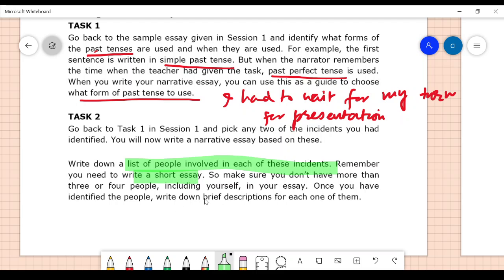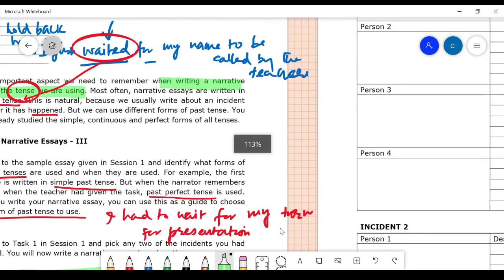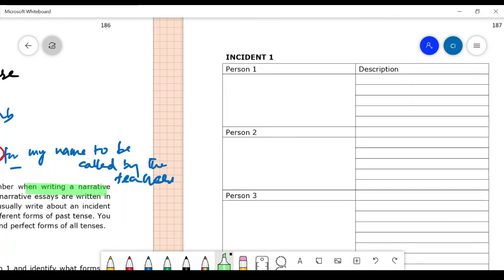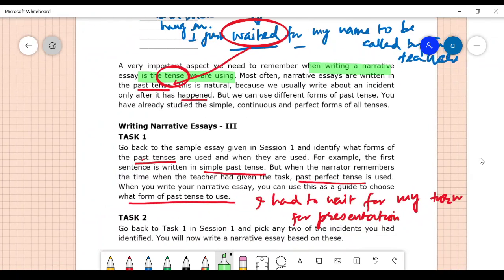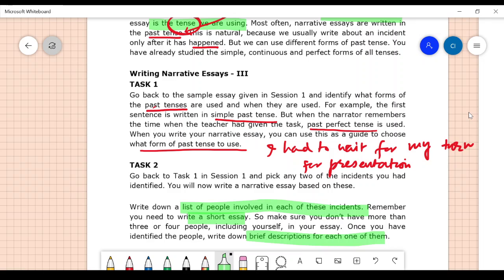Once you have identified people, write a brief description of each of them. Okay, so here the person and description is given. Write down the list of people involved in each of the incidents.